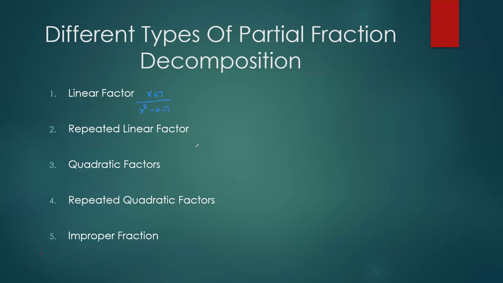A repeated linear factor would be something like... A quadratic factor is 3x squared plus 4x plus 4 over x cubed plus 4x.